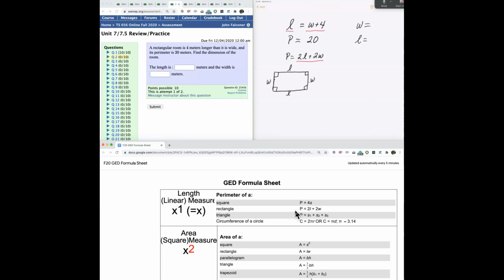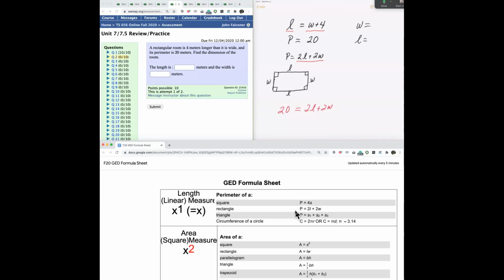So if 20 is equal to P and 2L plus 2W is equal to P, then 20 is going to be equal to 2L plus 2W. Logically, those are going to be the same. If P is the same every time we write P, then those will be the same.